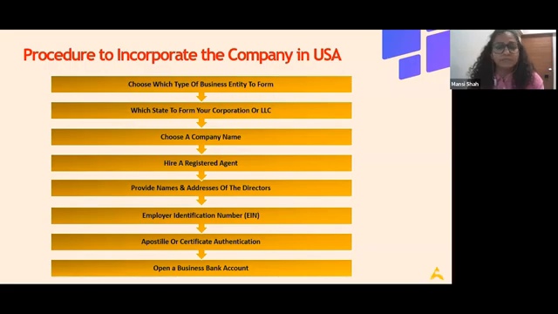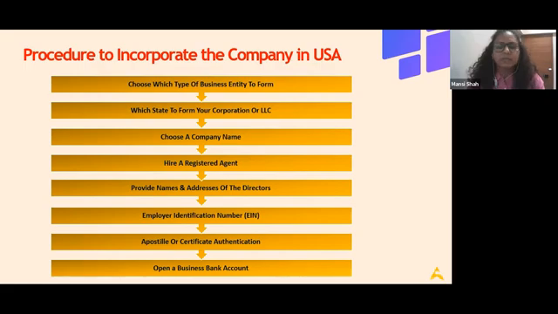It has to be a physical address within the state, which is open to receive business communication during business hours. That is the basic criteria for the registered agent, and it is mandatory. If you have someone present in the specific state where you are incorporating the company, it is okay, you can choose that.